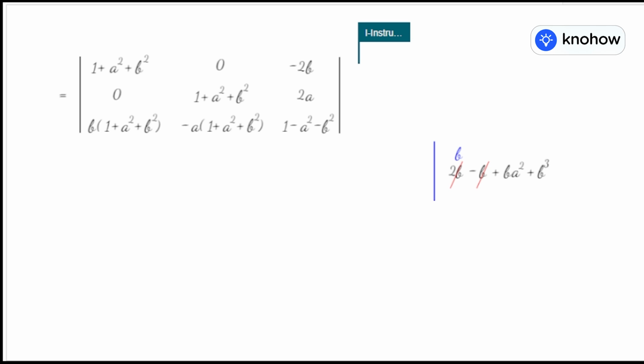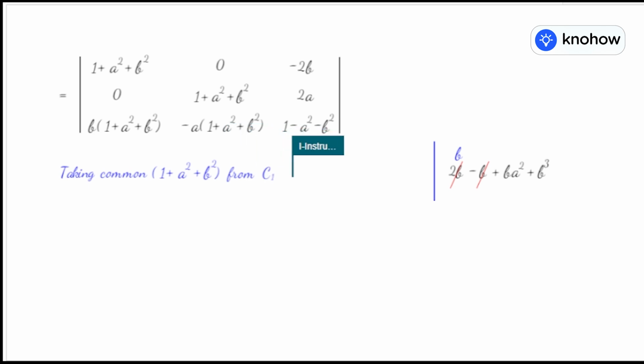So taking common 1 + a² + b² from C1 as well as from C2, you will get outside (1 + a² + b²)². And then inside you are left with 1, 0, b.